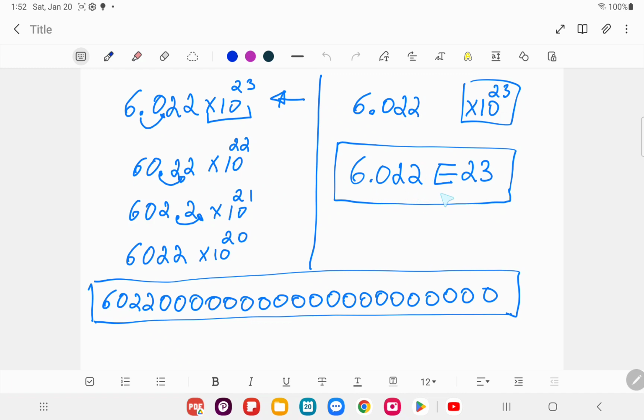You want to write E23 because when you write 6.022 E23, you're not doing this number times 10 to the 23rd. This is not what this means. When you write a number like this, this is just another way of writing this. So this is just an abbreviation.